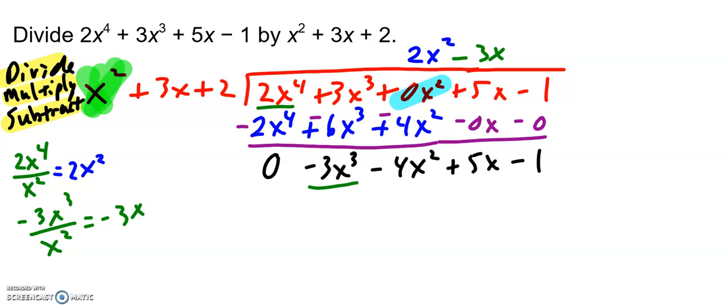So negative 3x times x squared is negative 3x to the third. Negative 3x times 3x is minus 9x squared. And negative 3x times 2 is minus 6x.